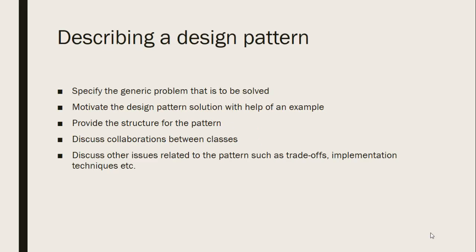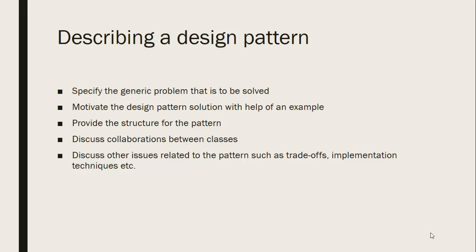Describing a design pattern, we need to specify the generic problem that is to be solved. That is, we need to identify what is exactly needed from the design. And then we need to motivate the design pattern formulation with the help of examples from other designs. And then we have to make a structure for the needed pattern.